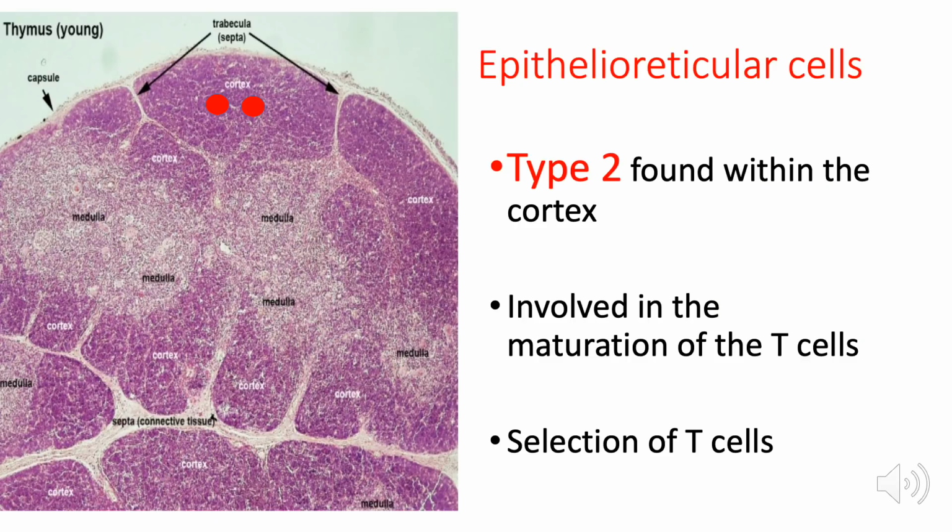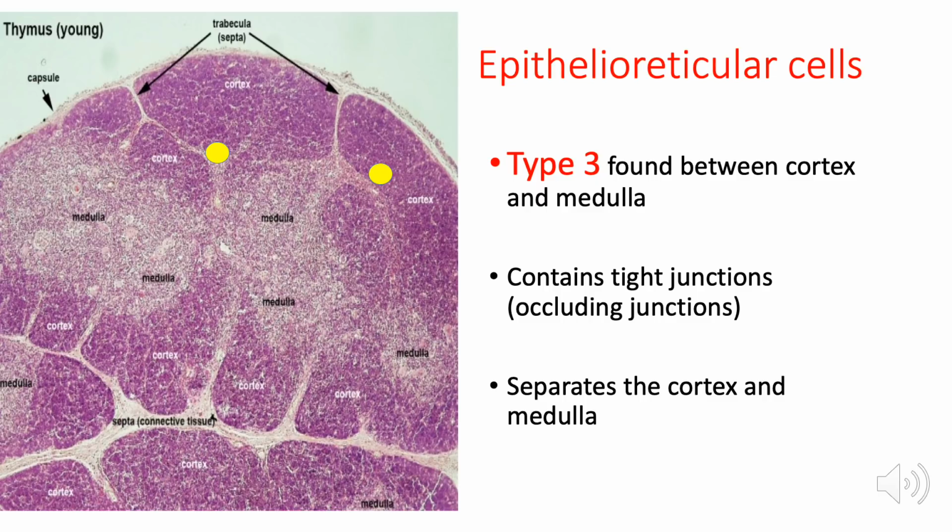The type 2 epithelial reticular cells are found within the cortex of the thymic lobules, and they are the ones responsible for facilitating the maturation of T cells. Remember, T cells are produced in the bone marrow, and they will migrate towards the thymus for maturation. And what will help them in the process are the type 2 epithelial reticular cells.